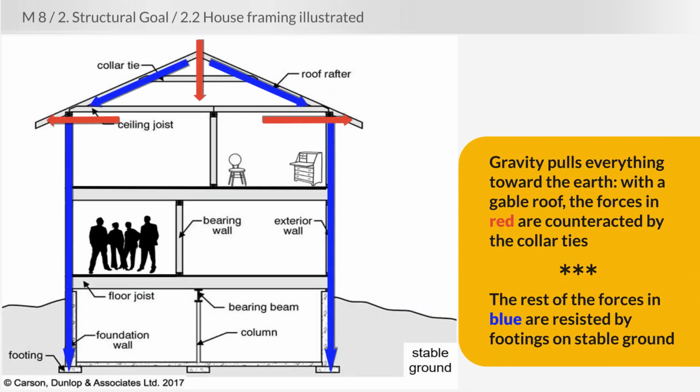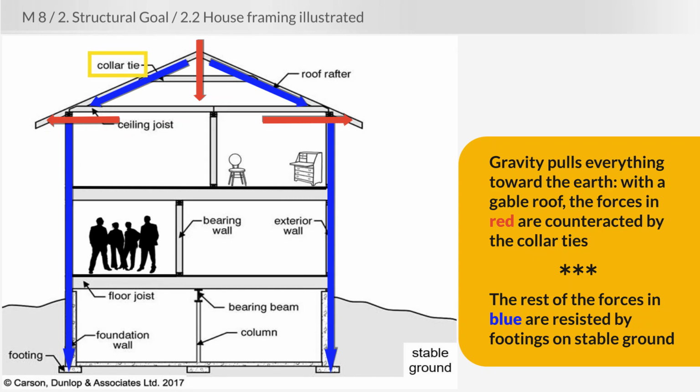Everything on the Earth is subject to gravity, and gravity pulls everything down towards the Earth. When you have a gable roof, the forces in red, the tendency of everything to try to move down and then cause the sidewalls to spread out, those forces are counteracted by collar ties.